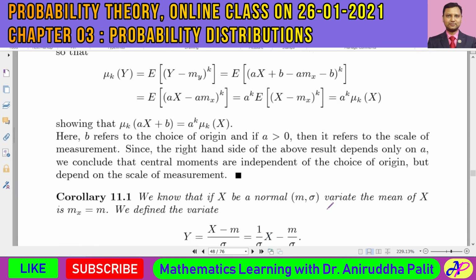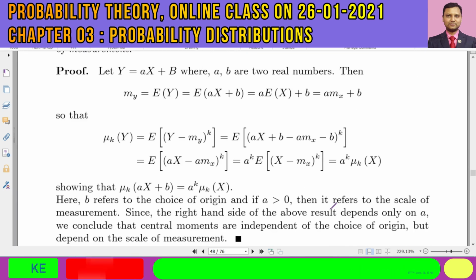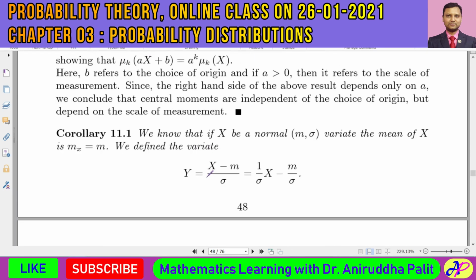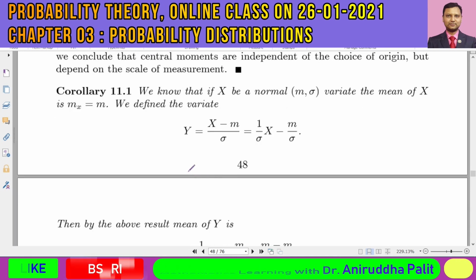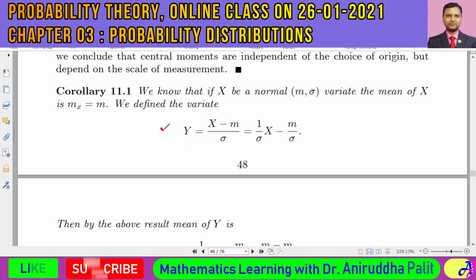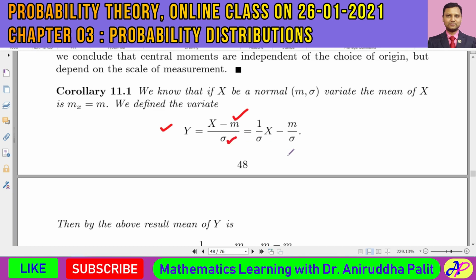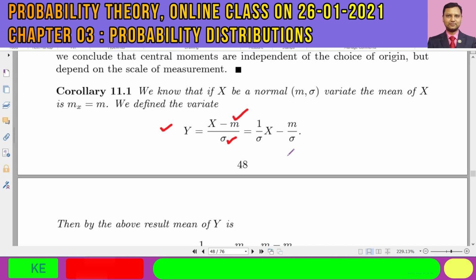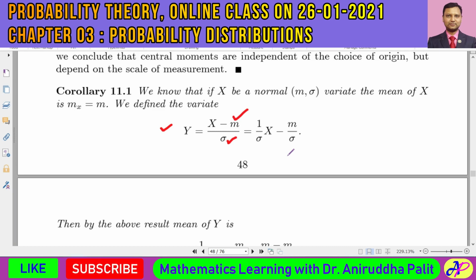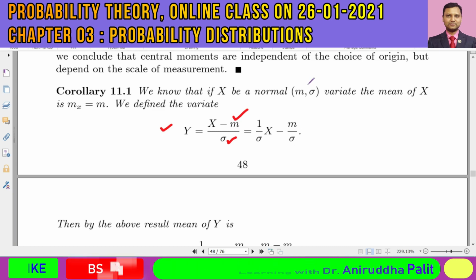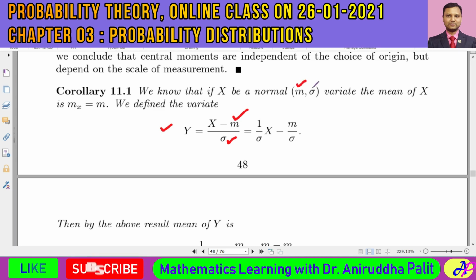Next, we apply this theorem and we get this corollary. You see, if we consider this kind of random variable, y is equal to x minus its mean m divided by sigma. What is sigma? That we shall consider later on. But for this normal distribution, suppose we already have two parameters, m and sigma.